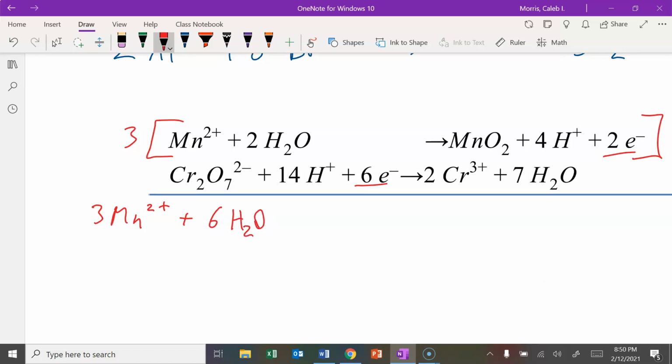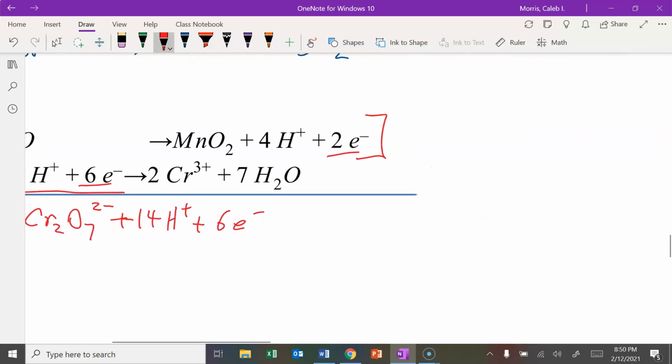Now I see that I've gotten to the arrow. Well, I don't want to go there yet because I've got all this down here that I need to write down as reactants. So I'm going to start there. Add Cr2O7 2- plus 14 H+ plus 6 electrons.